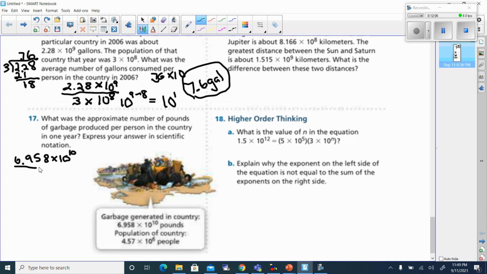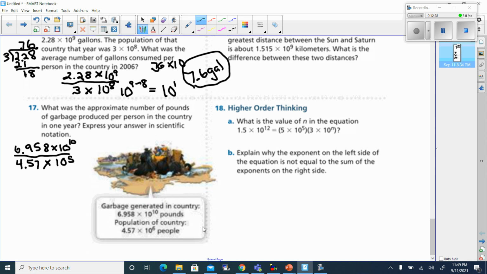And that's going to be divided by the number of people, the population, which was 4.57 times 10 to the 5th. All right, and the first thing we got to do is divide this part here.